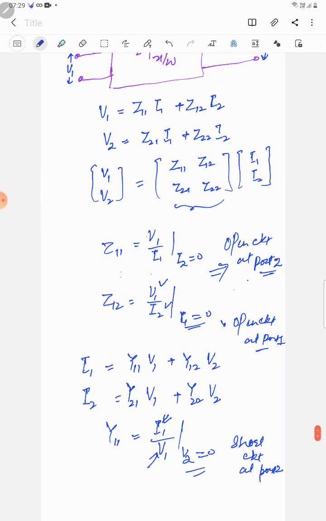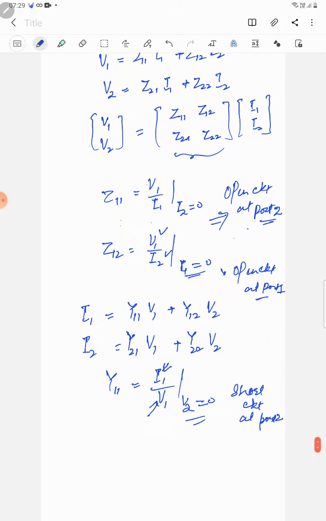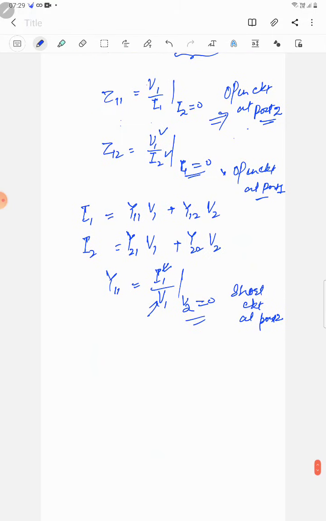If we know these parameters, Z parameters, Y parameters, etc., we can describe the linear time invariant system or the network which is of our interest.